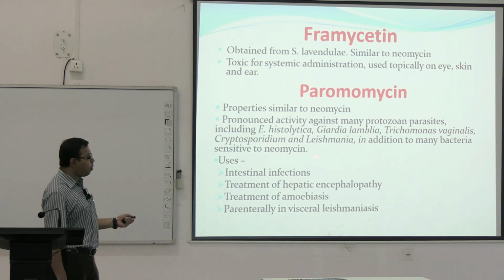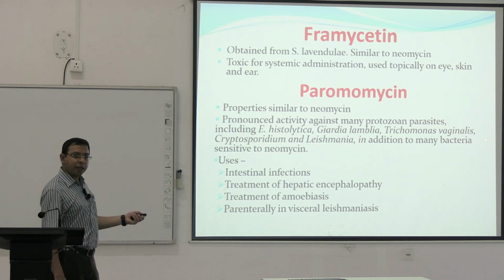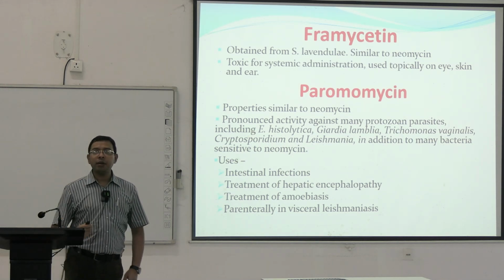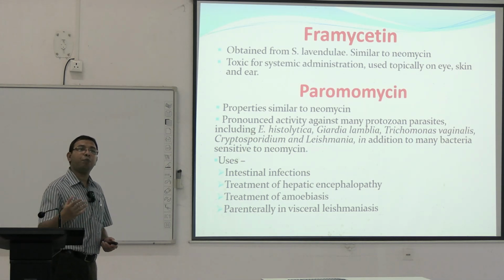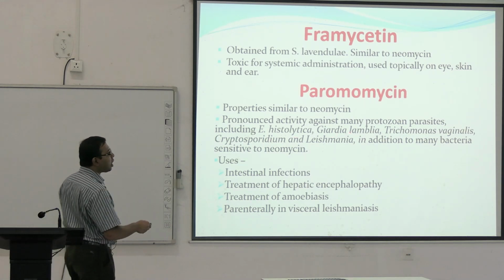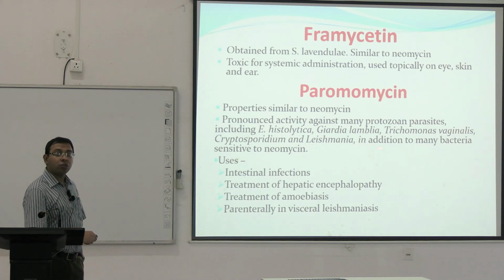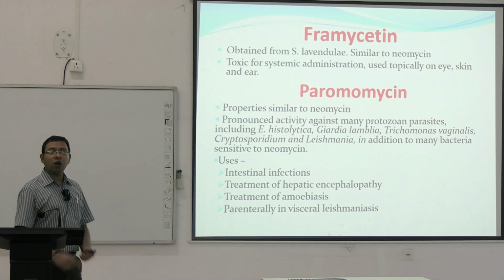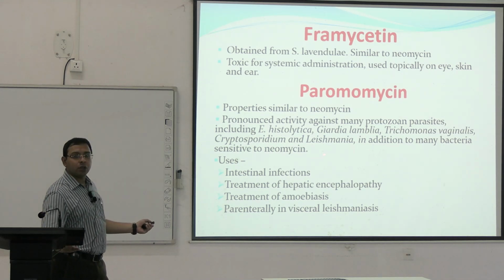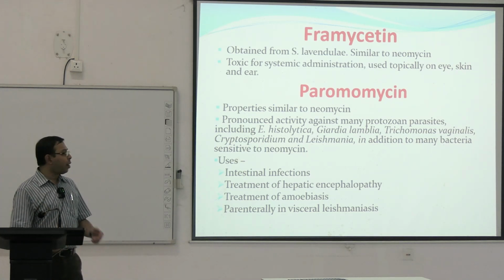For example, it is active against Entamoeba histolytica, Giardia lamblia, Trichomonas vaginalis, Cryptosporidium and also Leishmania donovani, that causes kala-azar, in addition to many bacteria sensitive to neomycin. So paromomycin is an antiprotozoal drug in addition to its aminoglycoside properties.